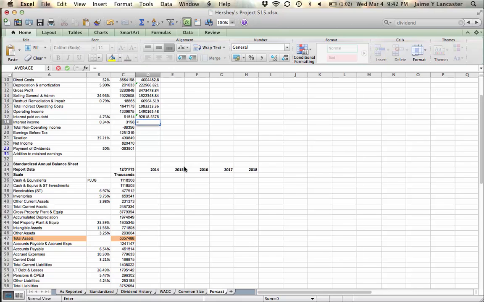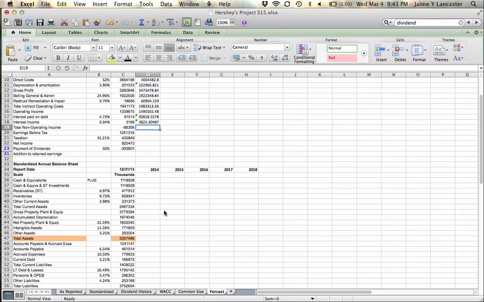And our interest income is based on our interest value driver and our total of cash, cash equivalents, and short-term investments, right? That line item is empty for that second year, but that's okay.